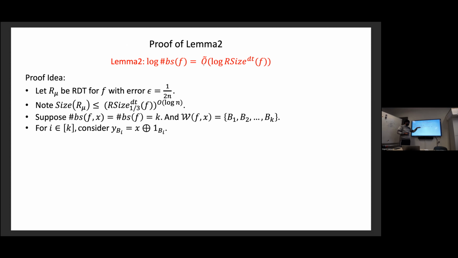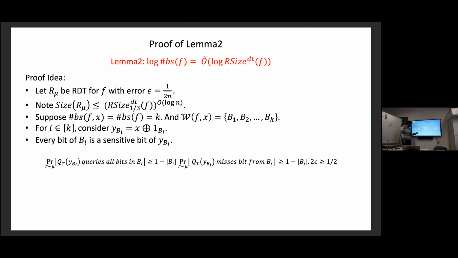Same thing, let's define these Yi's. And as I said, we'll argue that a constant fraction of them will go to distinct leaves in expectation. That's our idea. So in the deterministic setting, a deterministic tree cannot miss any bit from Bi on the input Yi.